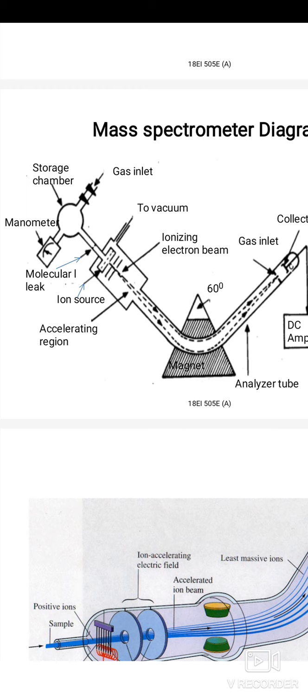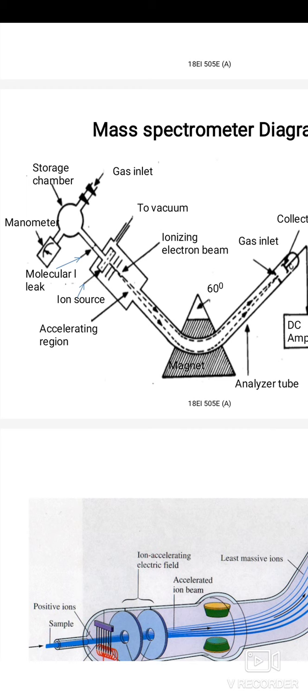The gas then passes into the ion source, where it is bombarded with the electron beam, which produces the ions.